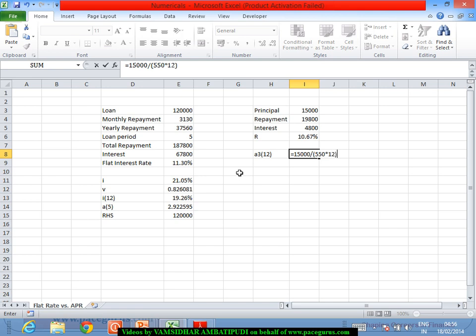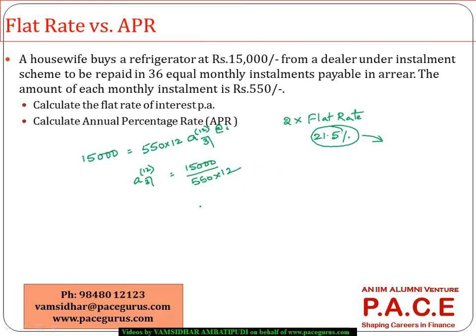So this is the value of A3 on a monthly payment kind of basis. But at the same time we know this is nothing but A3 into I by I12. A3 into I by I12 is equal to this value.